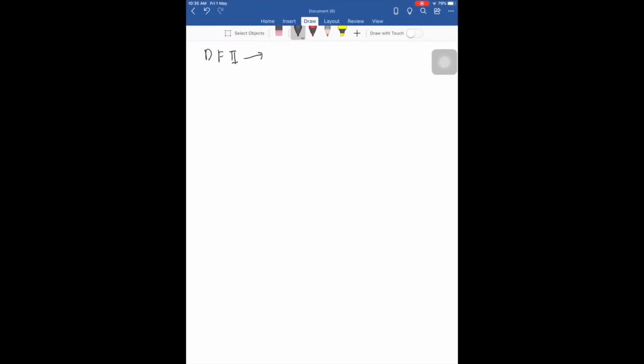Direct form 2 is a canonic structure. Canonic means we combine the delays, so we share the delays of the numerator and denominator.